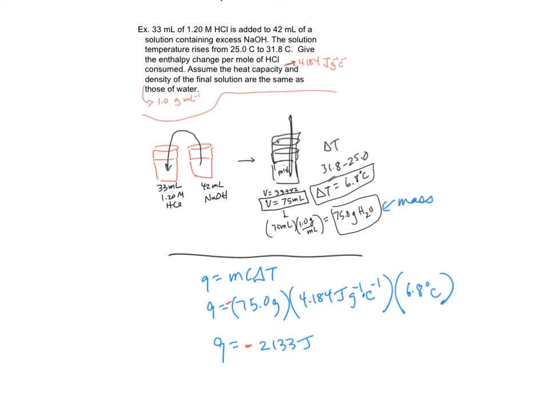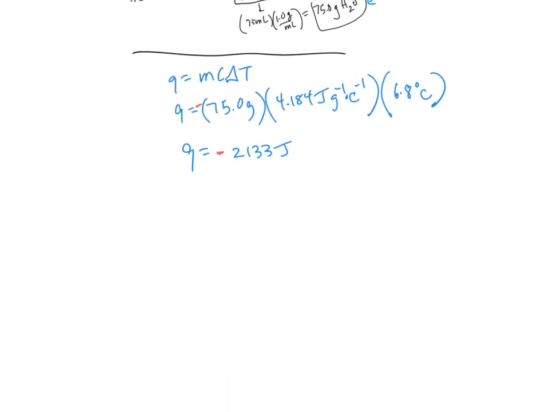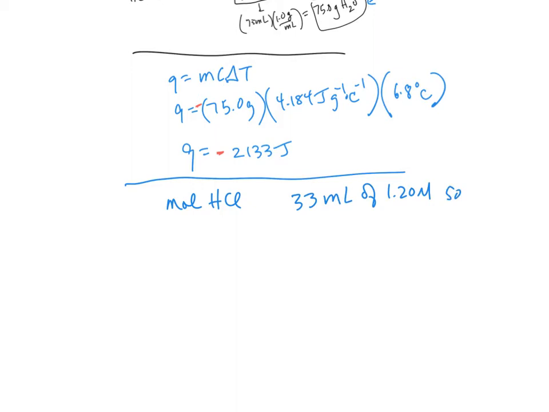So you're fine with what we've done so far, but then we want to calculate the number of moles of HCl. All right, so to get the moles of HCl, we're going to use the fact that we started with 33 milliliters of 1.2 molar solution.